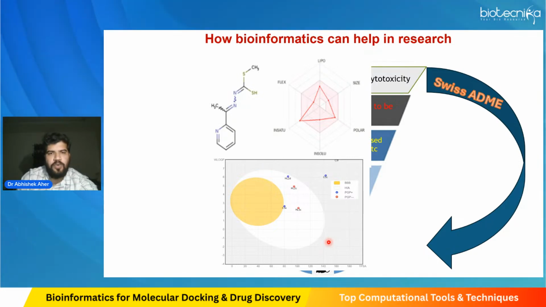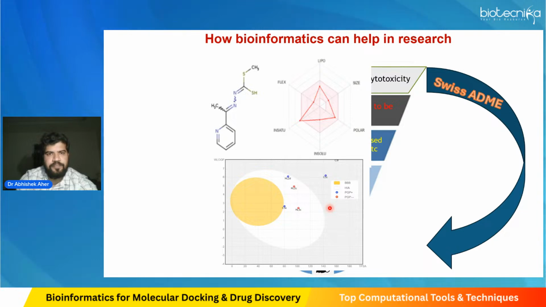So if your molecule interacts with the ABC transporters, or is a substrate of the ABC, that molecule will give rise to drug resistance. So for our sake, if a molecule is Pgp minus, it will not give any drug resistance. Among these four molecules, you can see these two are substrates of ABC transporters. But this one in red is not a P glycoprotein substrate. That means these molecules are not substrates for the ABC, and they will not give rise to drug resistance.